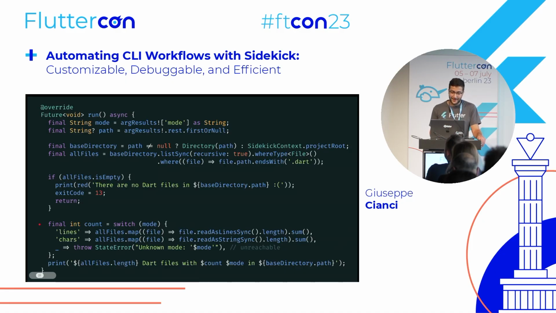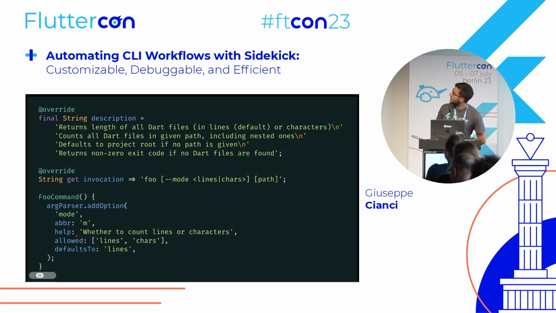Okay, then final step. Everything is ready, everything is checked, we are in the happy path, and now we can use a pretty cool new Dart 3 syntax, pattern matching. Remember, mode can only be one of two things: either lines or characters. That's because I used the allowed parameter when I added it.